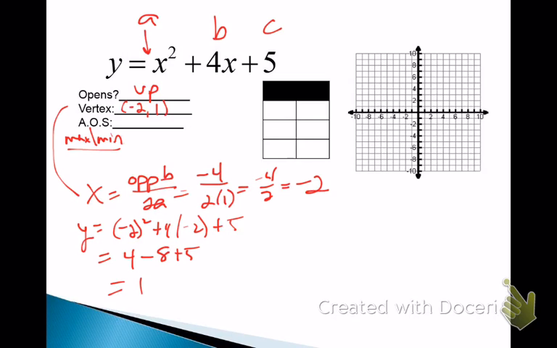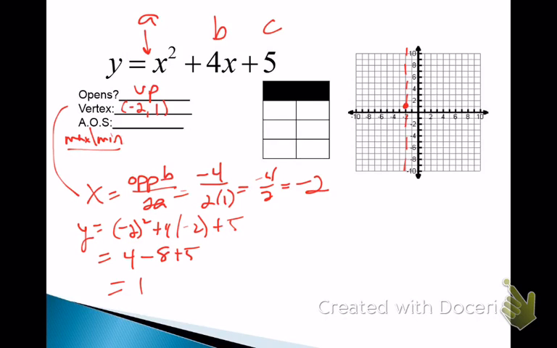So the vertex is at negative 2 comma 1. So I go over here and plot negative 2 comma 1, which is right here. Now again, the axis of symmetry is going to go through this vertex, and it's going to be a vertical line. And it's going to be vertical because I'm going to draw a U that's opening up. And so that line should show me the symmetry.